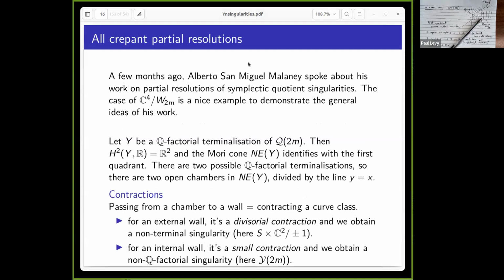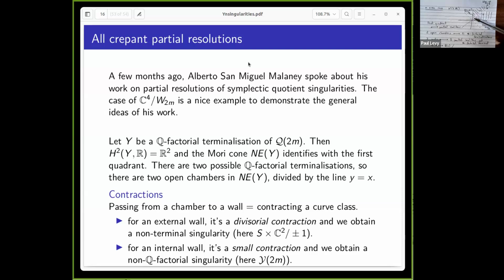So in this Namikawa Mori cone setup, you start with the Q factorial terminalization, then you contract to move on to one of the walls. So there are these divisorial contractions and small contractions.